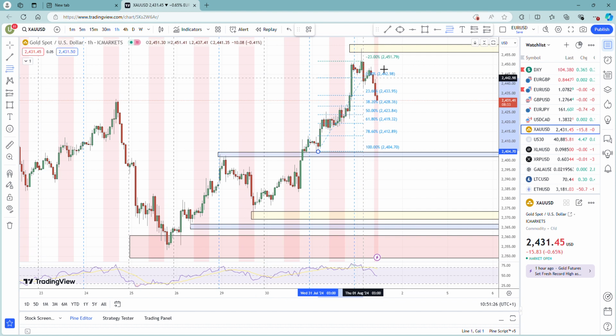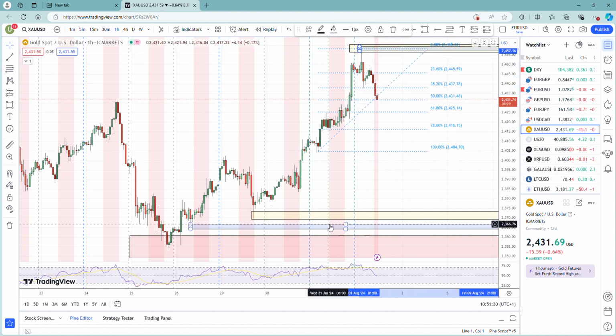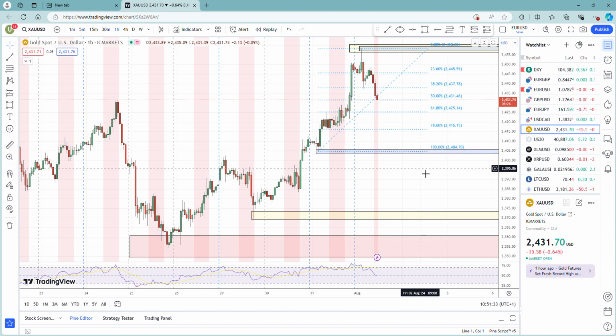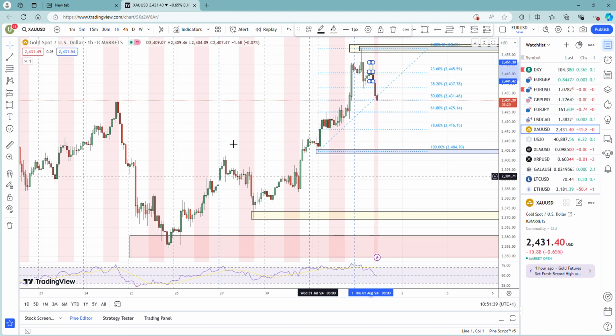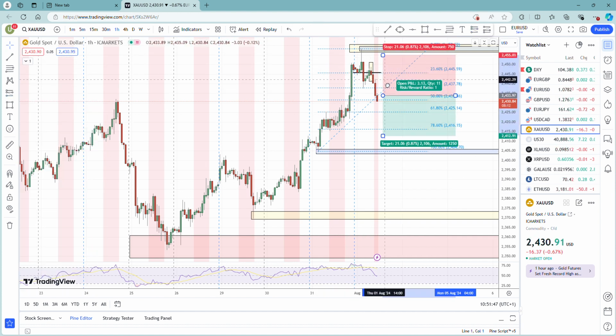If we go to H1, these would have been your levels prior to market opening. And if you wanted to enter a sell trade, you could have done it right here. And that would have been your trade entry.